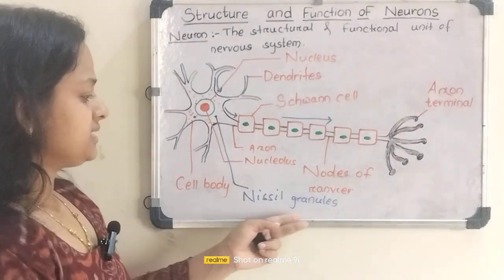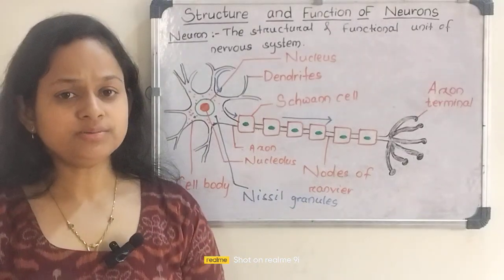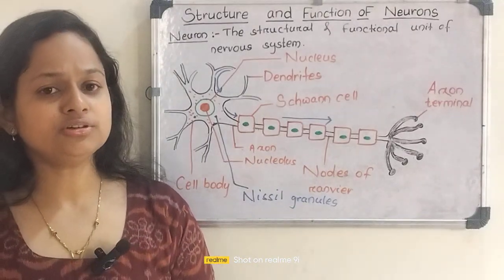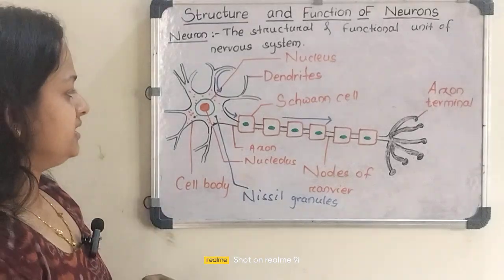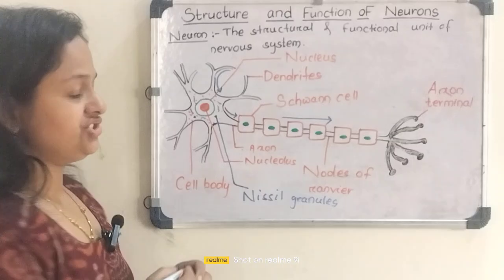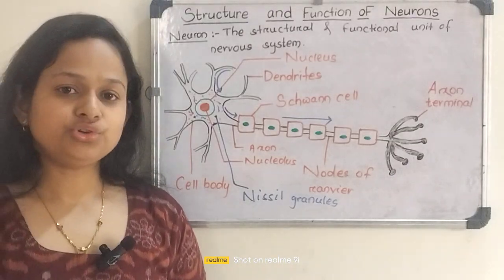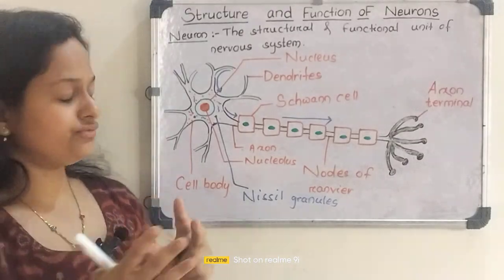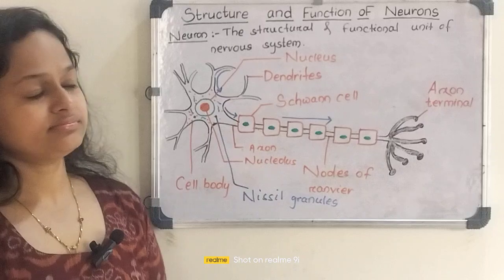So here the Nissl granules act as the ribosomes and help in protein synthesis. And here some neurofibrils are also present, which give support to the internal cytoplasm of the cell body.